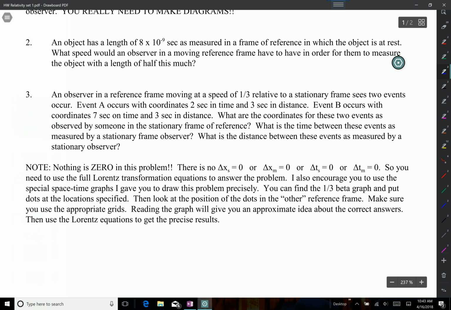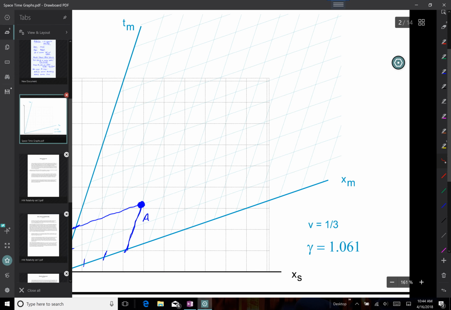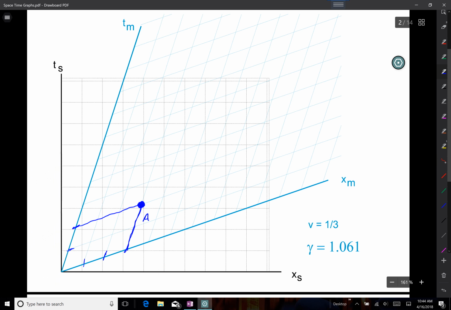Then we have event B. And event B is 7 seconds in time and 3 seconds in distance. So it's 7-3. So let's go back here. So there's 2 in time, there's 3 in time, 4, 5, 6, 7, and I go out.